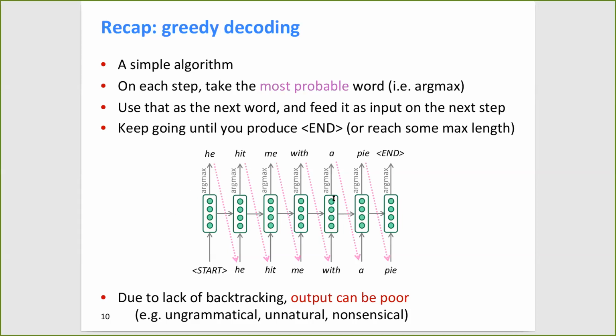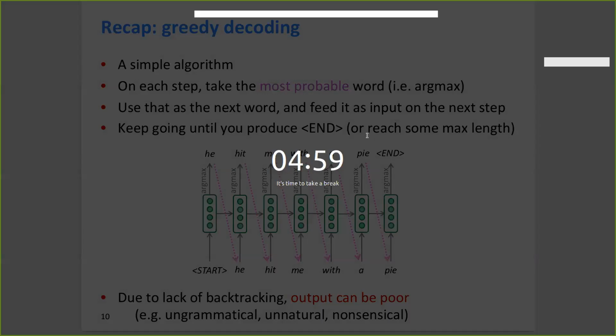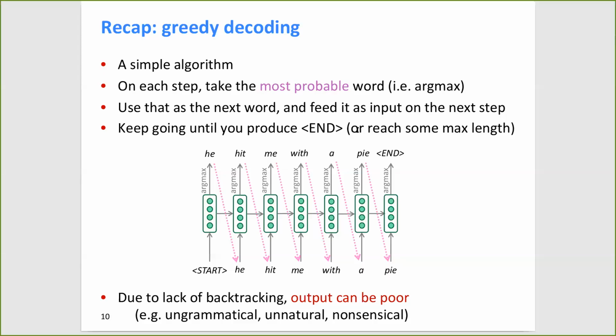Argmax is nothing but getting the highest probability score, and that's your prediction. So that's what greedy decoding does. It simply goes through the probability distribution generated by the language model, and then it blindly picks the most probable word, the one with the highest score.